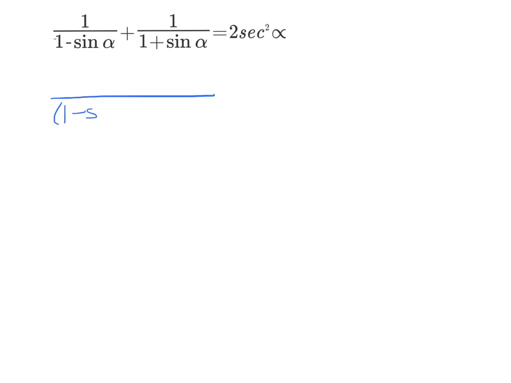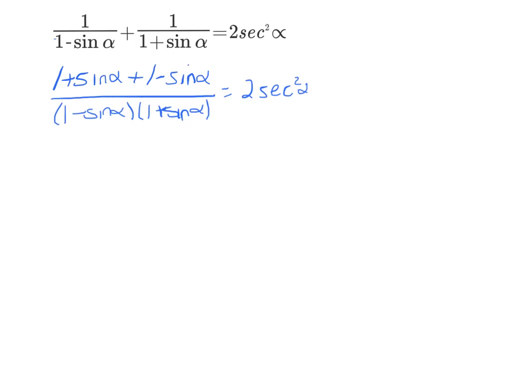So the denominator would be 1 minus sine alpha times 1 plus sine alpha, and we'll need to multiply the numerators also. So the first numerator would be 1 plus sine.